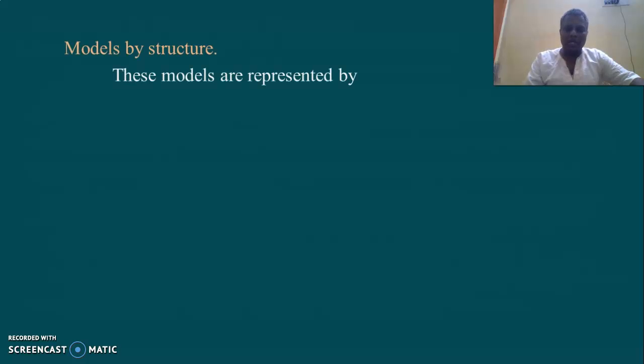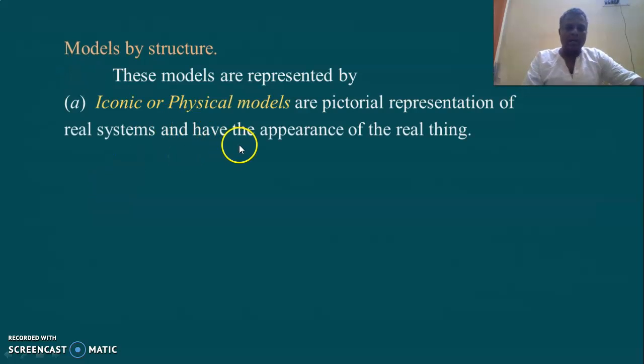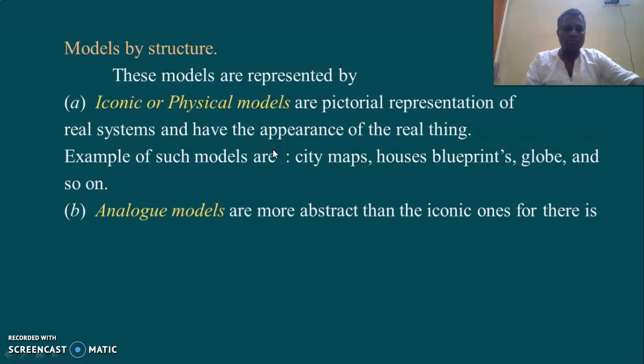Models by structure. These models are represented by iconic or physical models. Iconic or physical models are pictorial representations of real systems and have the appearance of the real thing. Examples of such models are city maps, houses, blueprints, globes, and so on.